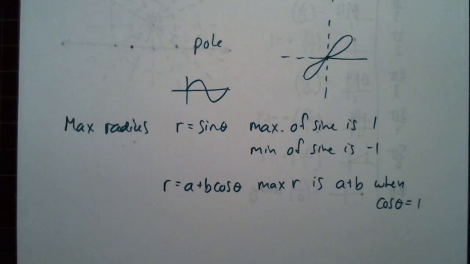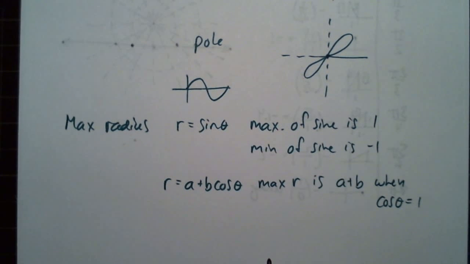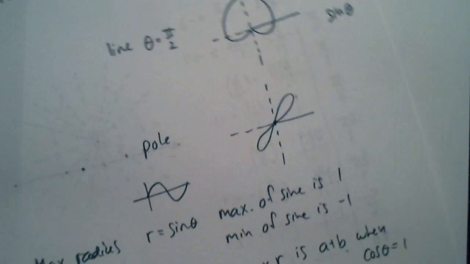Well, it really just depends on what a and b are. Rather than relying on steps and formulas, you just rely on, the largest cosine can be is 1, and the smallest is negative 1. What happens if I put a 1 in there? Do I get a maximum value? Or if I put a negative 1, do I get a maximum value? So let's do some examples.